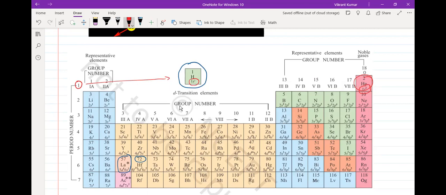Remaining in all the periods will be starting at ns and ending at the np subshell. Is it okay? Like if you see, the second period is starting at 2s1 and it is ending at 2p6, because the 2p subshell has a capacity of 6 electrons, you know.